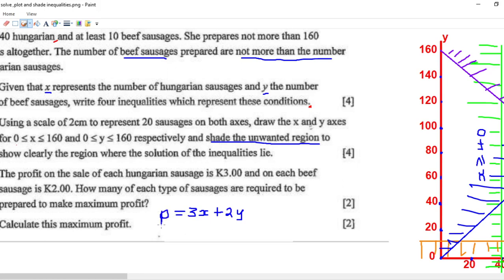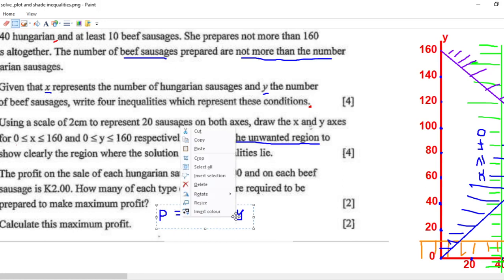Let me just write this one nicely. So we have profit. Now let's put this equation where we will be calculating it, so that you can follow through.